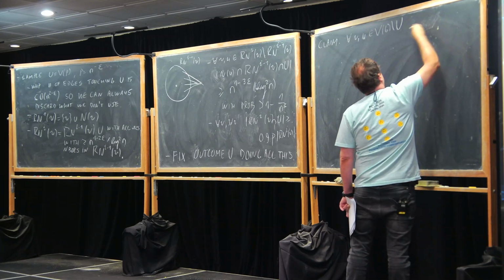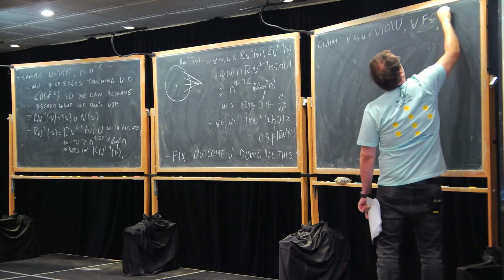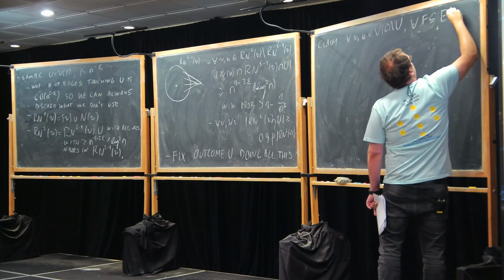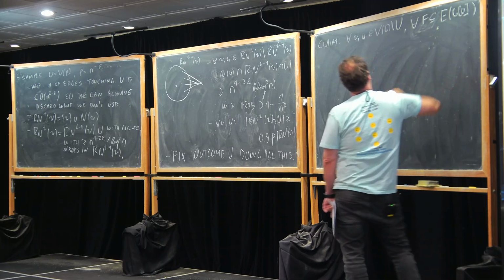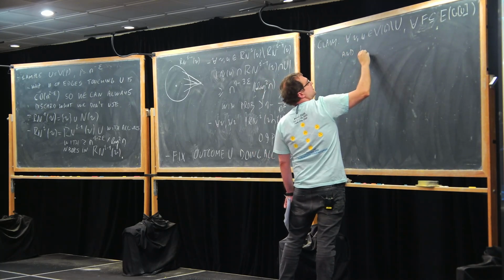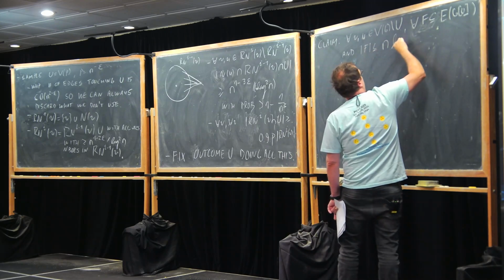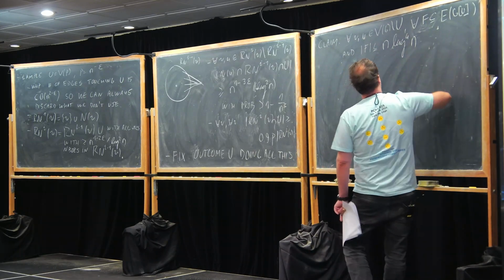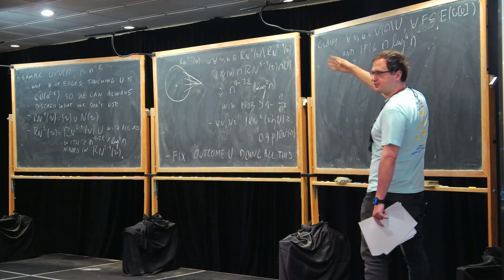I also want it for every subset of edges F which live within U and have size at most n times log to the 4 n. So this is the total amount of path length that will accumulate through the process.